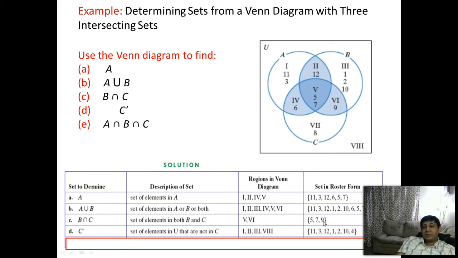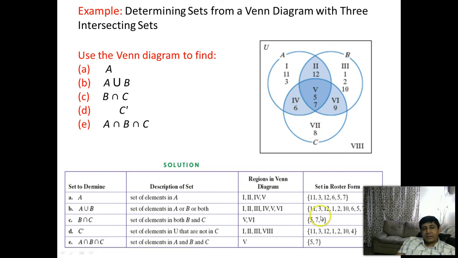If you want to find C complement, that means everything but C, so we will exclude the elements in C. That will be the remaining regions 1, 2, 3 and 8. So we are excluding 7, 6, 5 and 4.